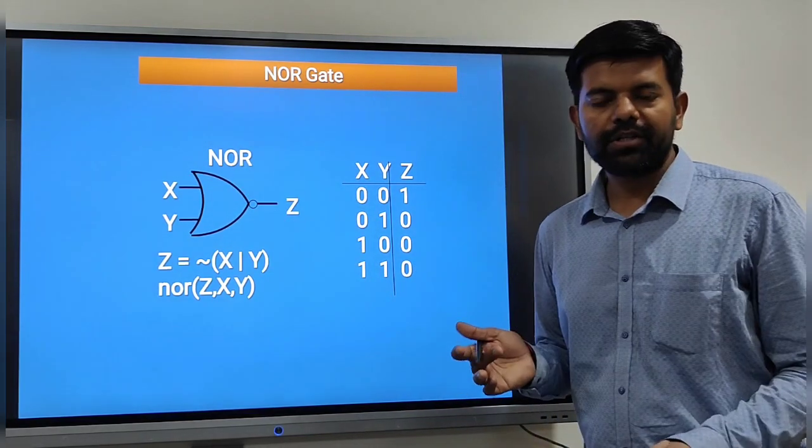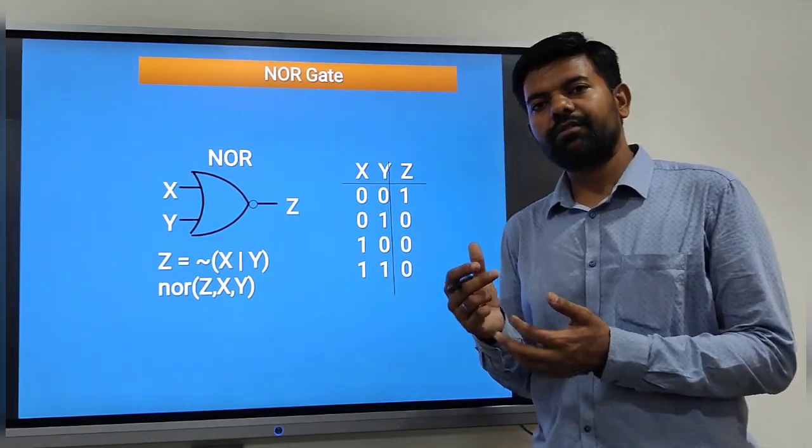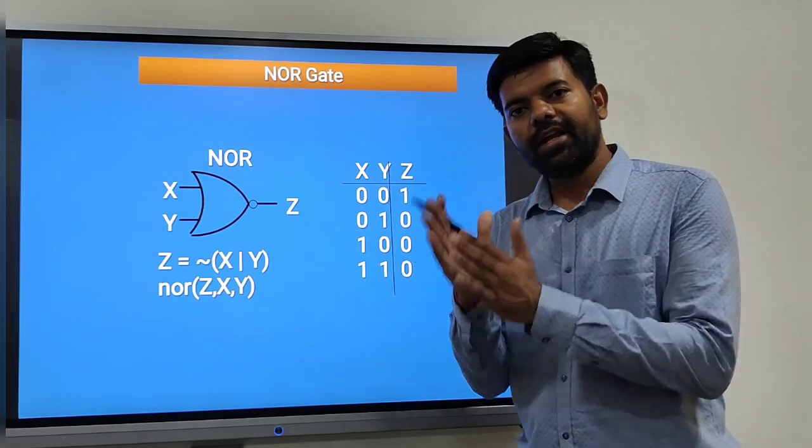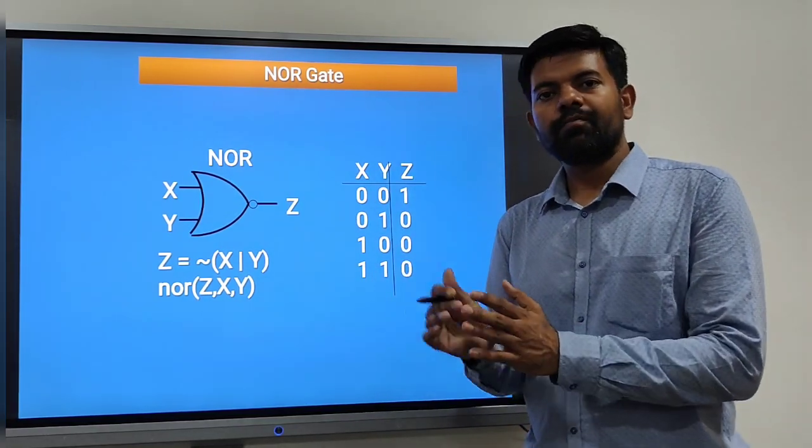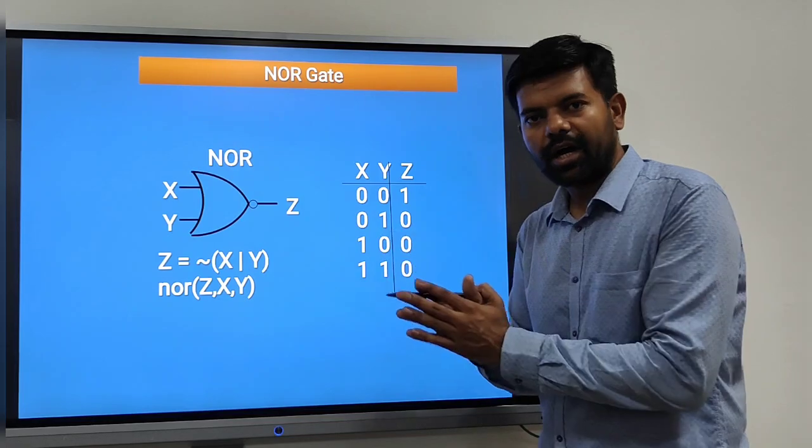In the OR operation, the definition states that if any one of the inputs is high, then we get the output high.